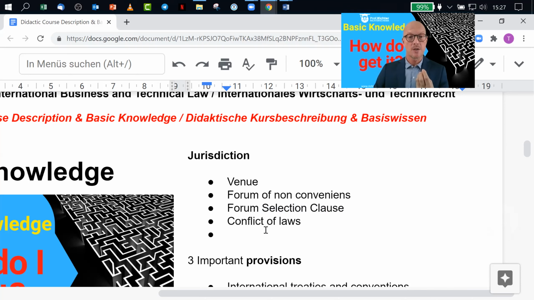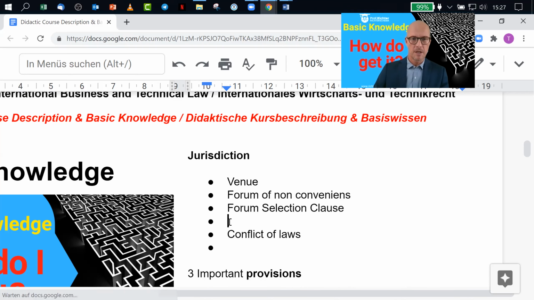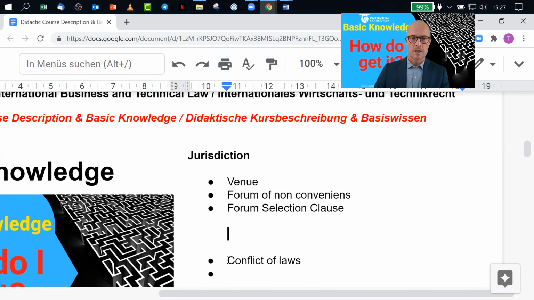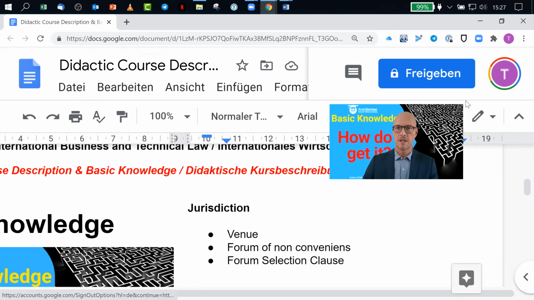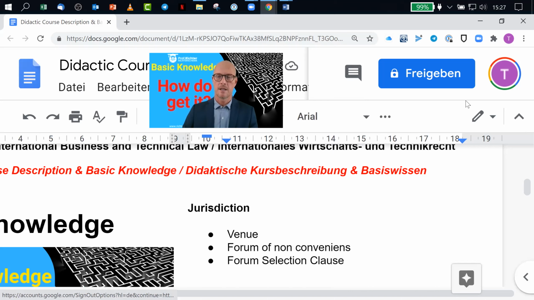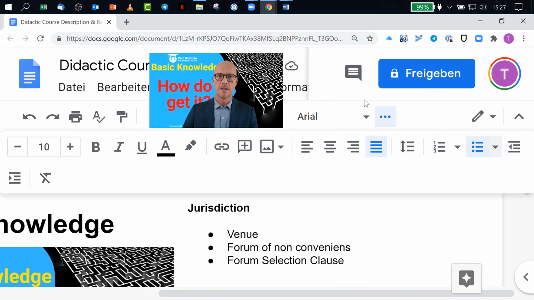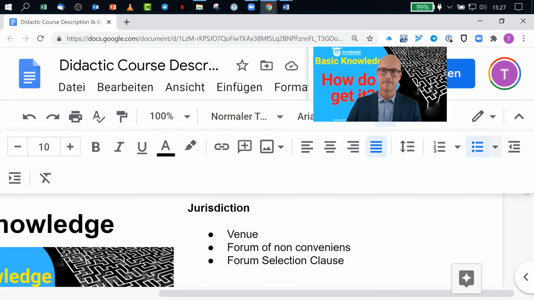Sometimes we also have the question of which law is applicable in which place. I would say this is its own thing that we should always differentiate here. So we have here some rules.